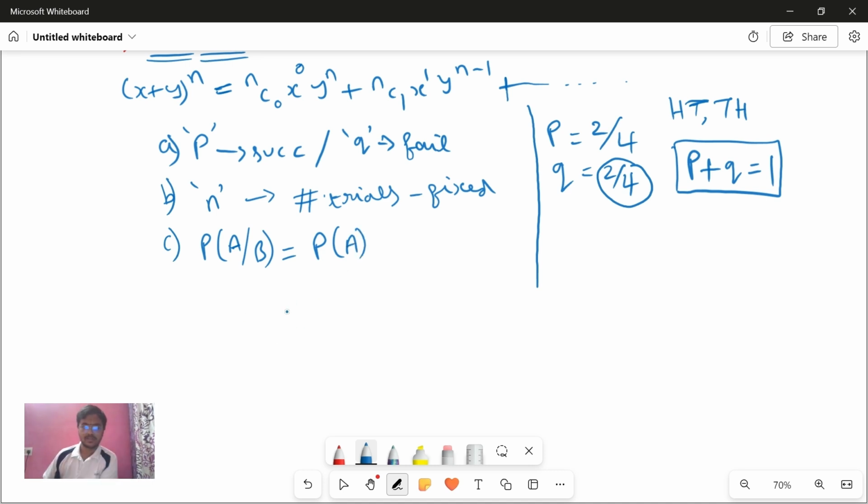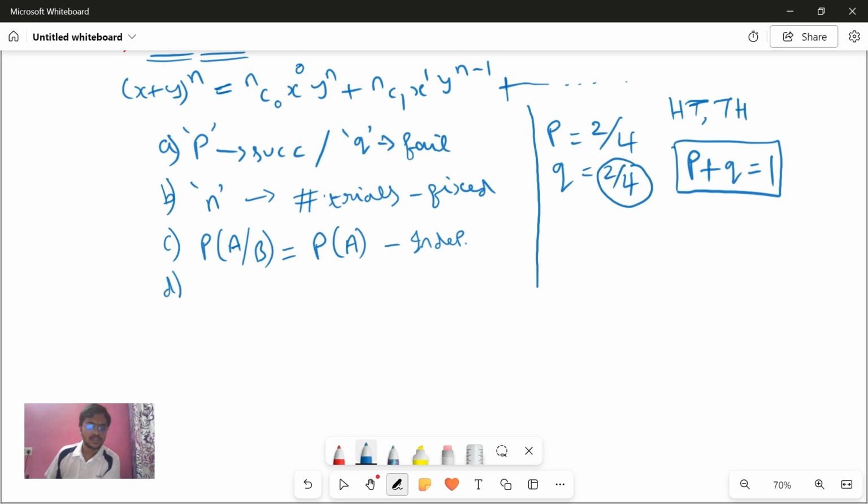Otherwise the formula will change. If you want to express dependency, the formula is P of A intersection B by P of B, that is the conditional probability formula. But here there is no such formula because there is only sole dependency on event A, so this will result in P of A itself. That is another condition, which is independence.